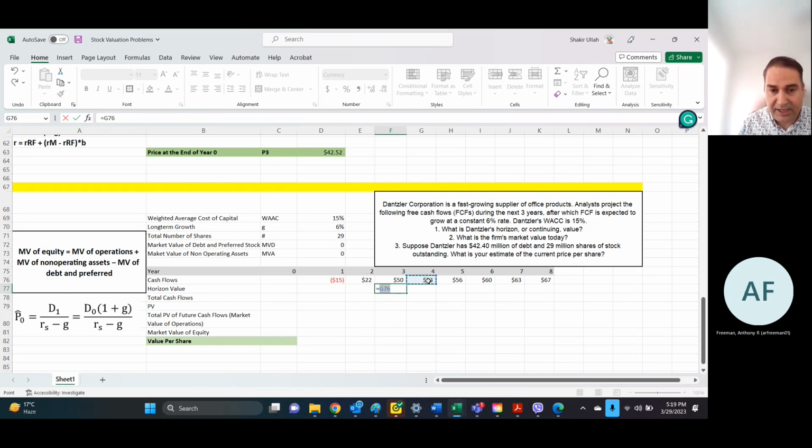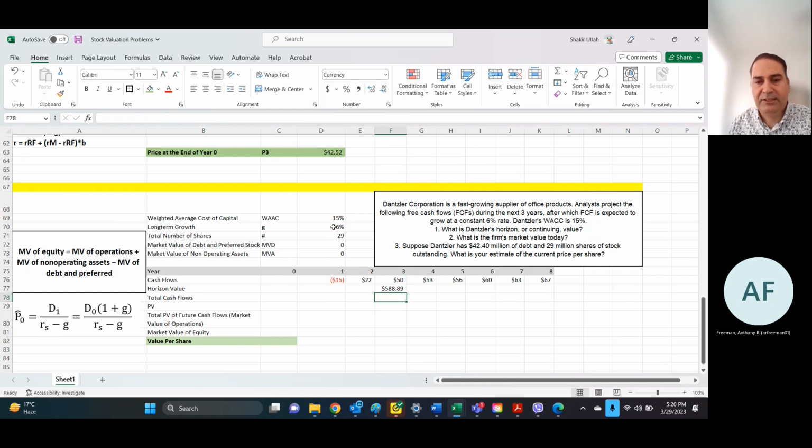So that is the next cash flow divided by RS minus G, or R minus G. Remember that we need to put this in parentheses because we need to find that difference first. So parentheses start RS, or WACC. In this case, we use the WACC, weighted average cost of capital, or the discount rate that we use in this problem, and minus G, which is 6%. Then I close the parentheses, and I got the horizon value. So we got that answer.